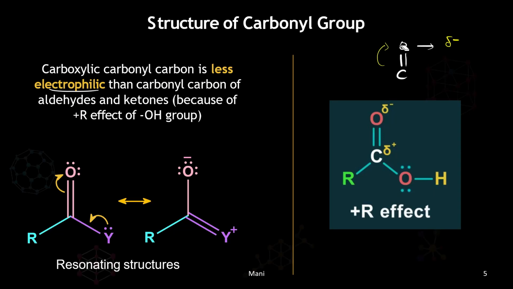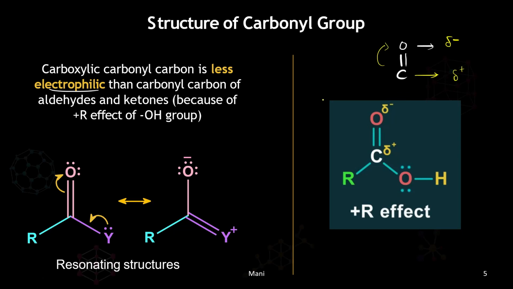As the electrons move away from the carbon, this carbon becomes slightly positive. Is this clear? This is how you see it in aldehydes and ketones.